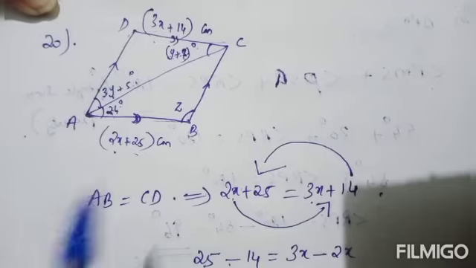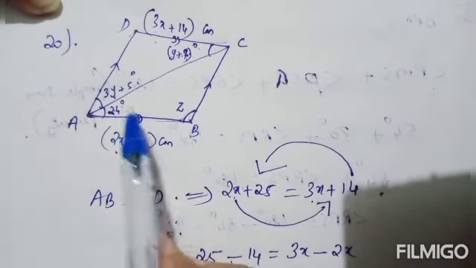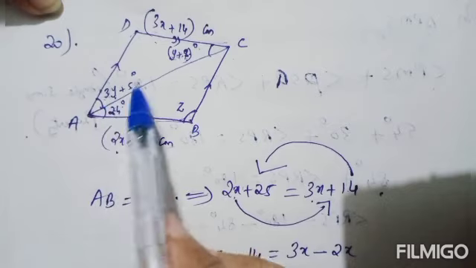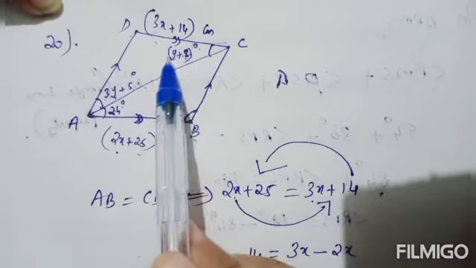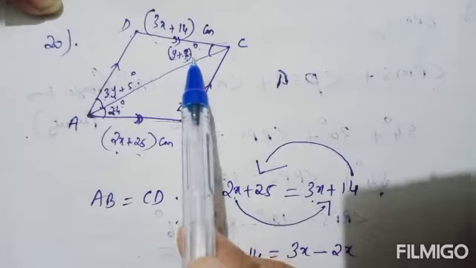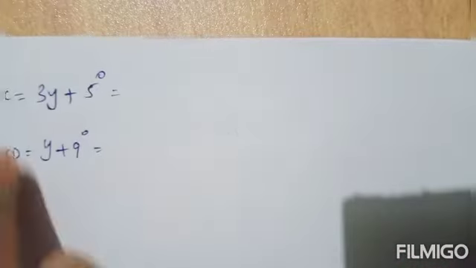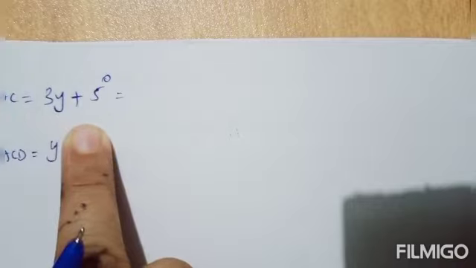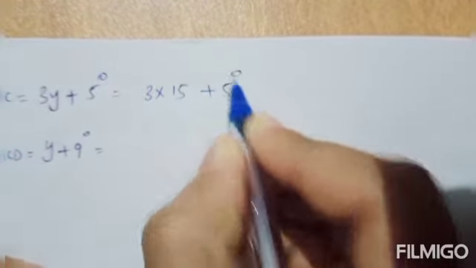Now you need to find the value of z. For that, let's substitute the value of y in these angles, 3y plus 5 degrees and y plus 9 degrees. With y equal to 15, angle DAC equals 3y plus 5 degrees, that is 3 into 15 plus 5 degrees.